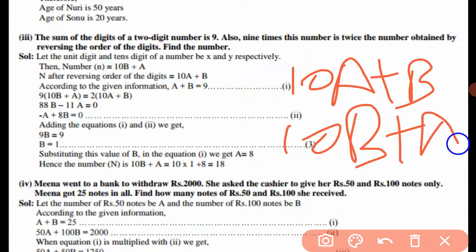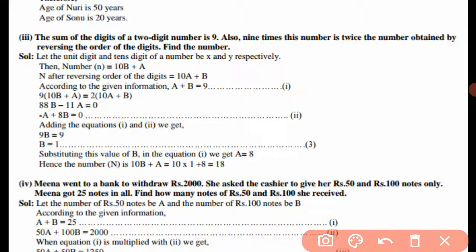So according to the question, 9 into 10b plus a will be equal to 2 into 10a plus b. By solving, the second equation will be minus a plus 8b equals 0.